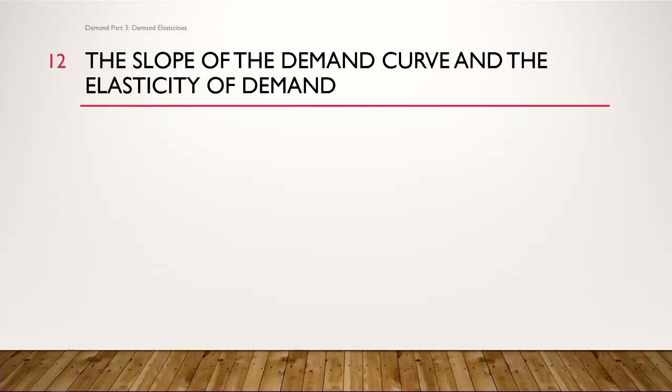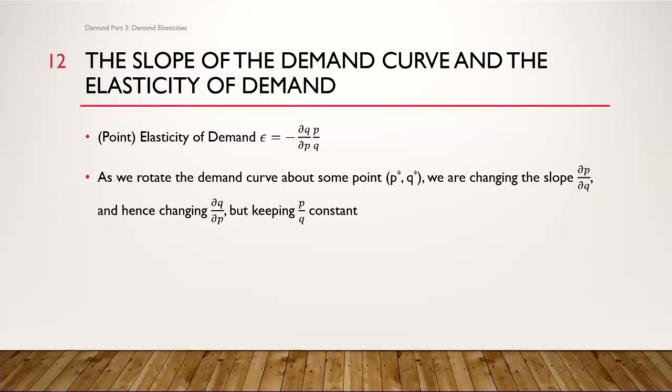All right, to get a feel for the relationship between demand curves and elasticity, we're going to do the following thought experiment. We're going to use the point elasticity of demand. And we're going to rotate the demand curve about a point. So let's pick a point, P star, Q star, that's on some demand curve. And then we're going to rotate the demand curve around that point.